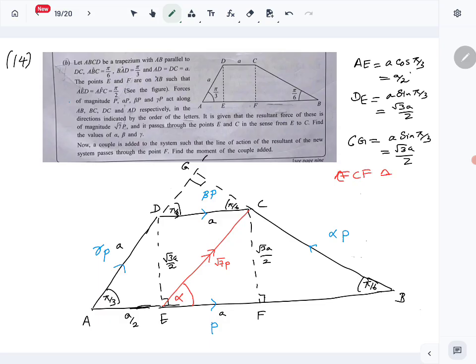From that triangle, tan alpha is root 3A over 2 divided by A, that is opposite over adjacent. So tan alpha is root 3 over 2.